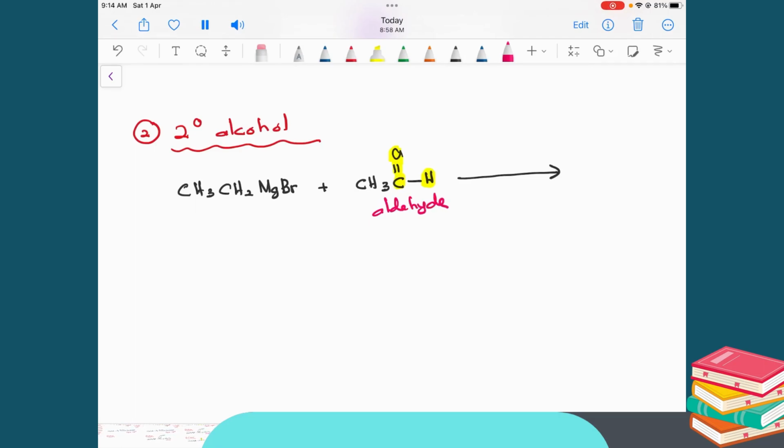You can use any aldehyde, not specifically only 2 carbons. It is passed through dry ether, followed by hydrolysis, and the product is: we draw the aldehyde first, then we remove the double bond and it becomes OH, and then we put the alkyl group from the Grignard.